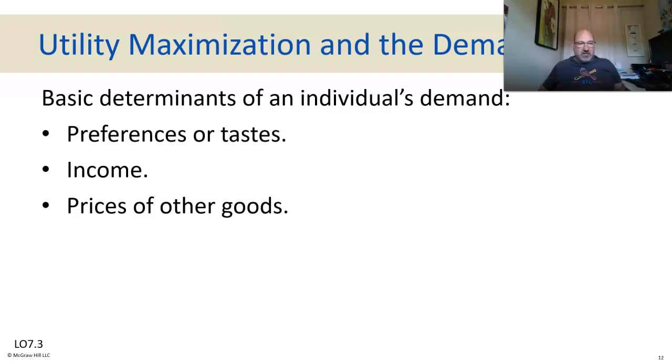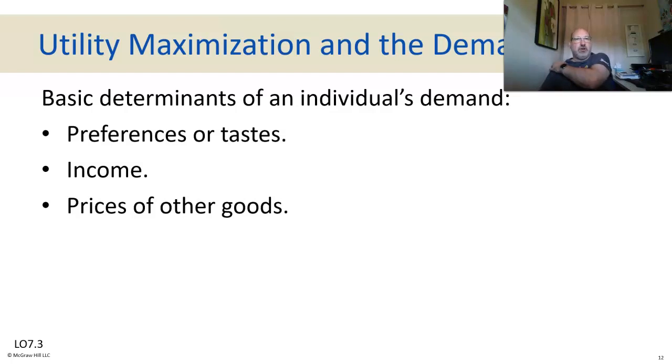Utility maximization and the demand curve. Basic determinants of the individual's demand are your preferences and tastes. What is it you like? That's what you're going to buy. You're going to buy the stuff you like most, and that's where you're going to allocate your income. Also, income. How much money do you have to spend? And you will spend your money on the things you like.